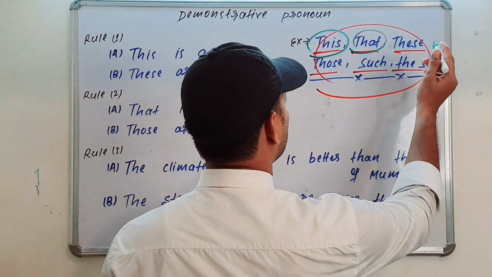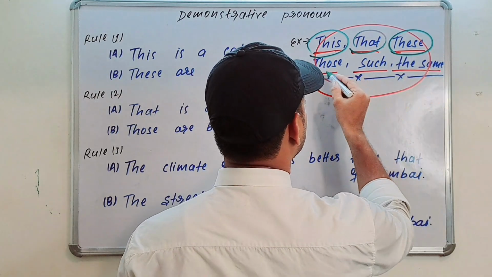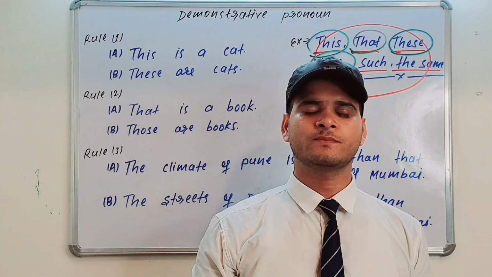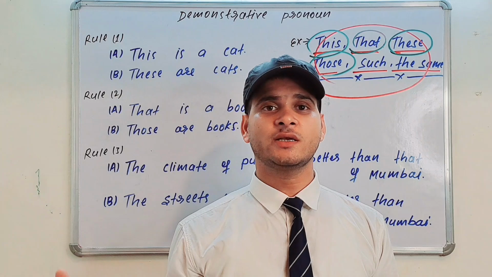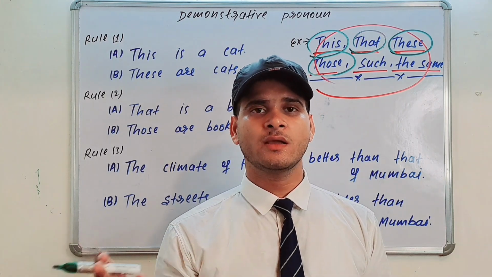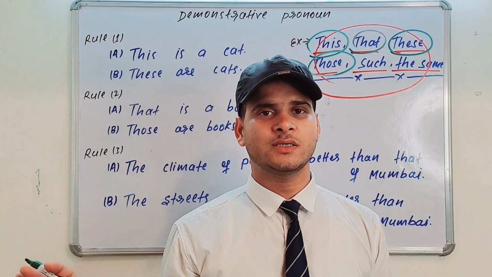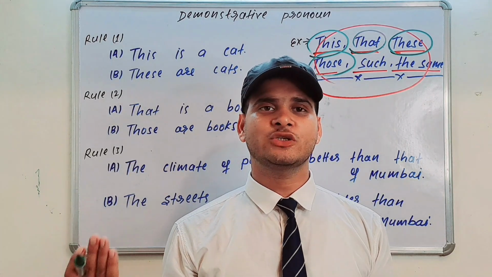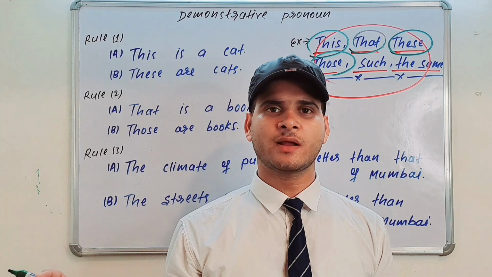Keep in mind. And next one here, these and those. These and those is basically used to point out and demonstrate plural noun in a sentence. Keep in mind. This and that is known as singular demonstrative pronoun.